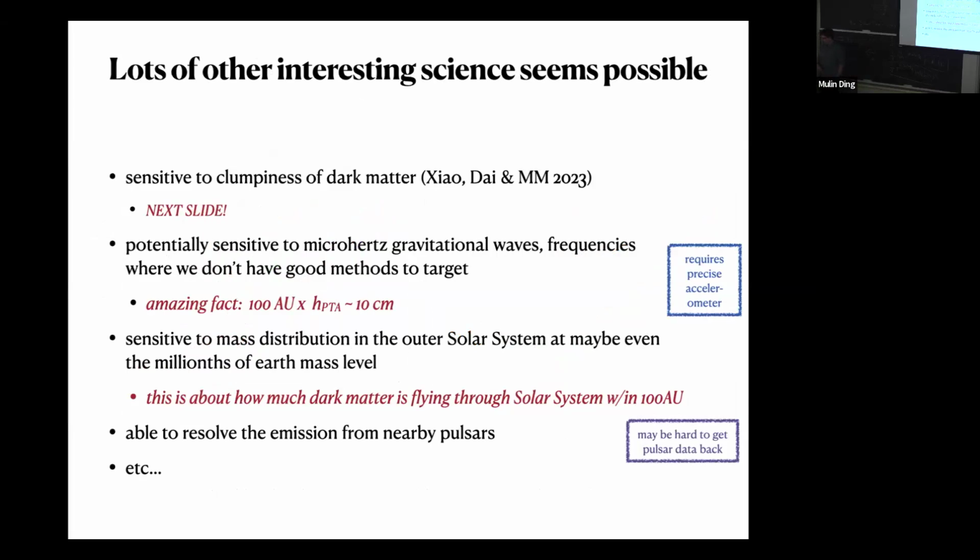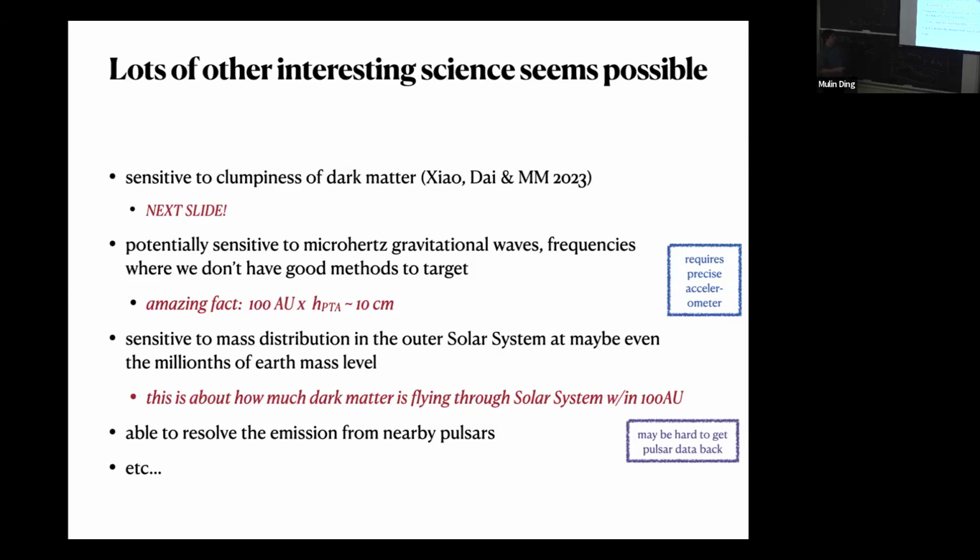It also might be interesting, we're starting to think about how you could use this to constrain microhertz gravitational waves, which are frequencies that are mid-band between LISA and the pulsar timing arrays. And we think that this instrument, if you just take your dishes and point them at each other and measure the distance between the dishes very precisely, should be sensitive to interesting levels of gravitational waves.